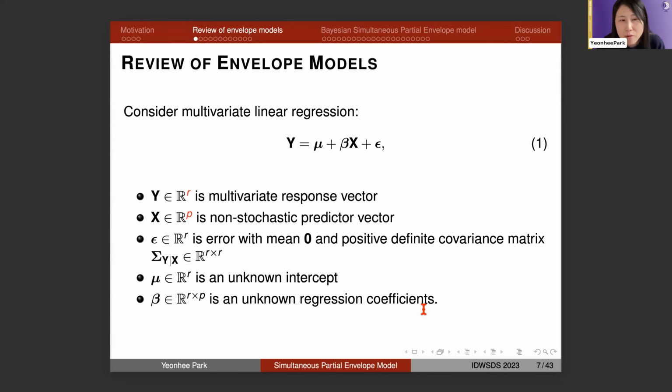Suppose that we have multiple predictors and multiple responses.